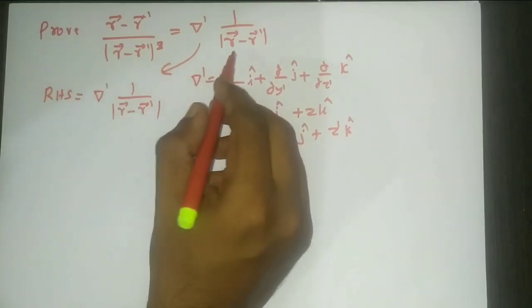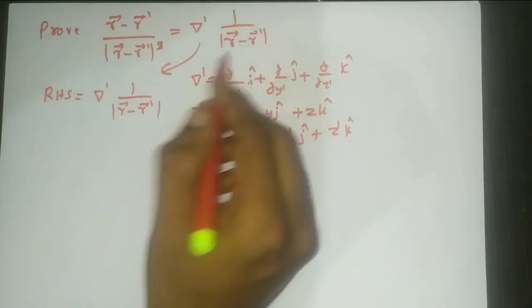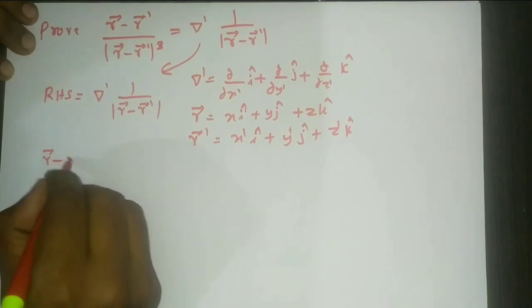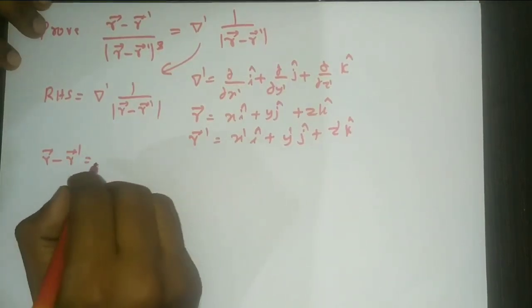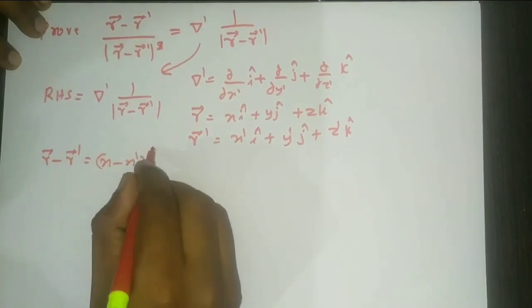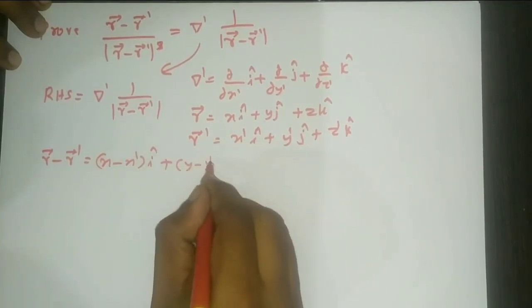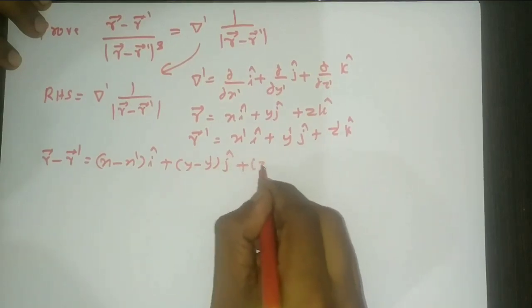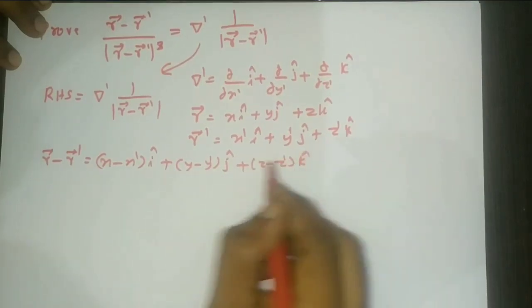Okay, now we need to find r minus r prime. That is, r minus r prime can be written, just subtracting, as (x minus x prime) i cap plus (y minus y prime) j cap plus (z minus z prime) k cap.